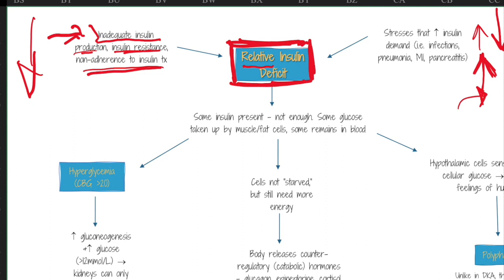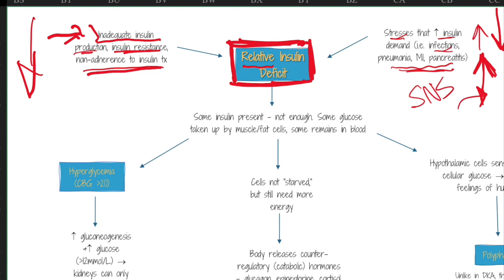So what kinds of things can cause an increase in glucose? Sometimes extreme stress, anything that will increase the insulin demand, in other words increase the glucose, like infections. Anything your body is fighting is going to cause an SNS response, and part of that response is getting as much glucose out into the body because it's preparing to fight.